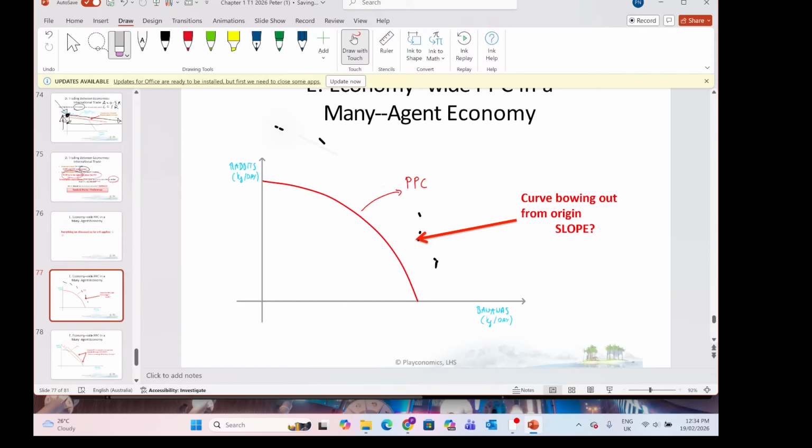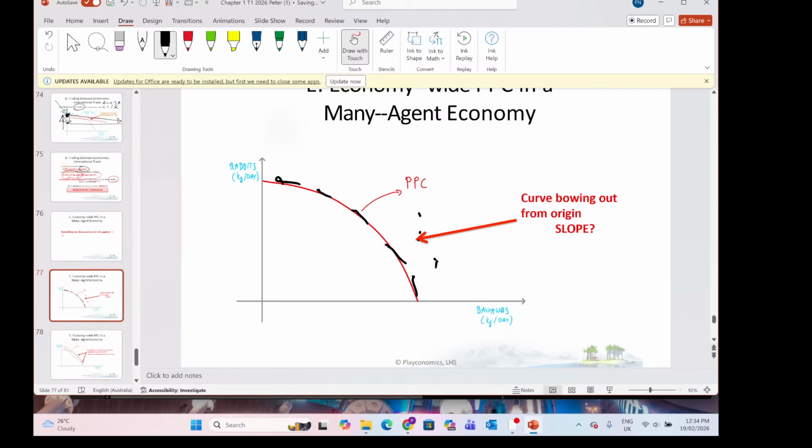So that's why we say that our curve ultimately becomes a curve, because within this curve we have to imagine many different people, right? Many different people who all have different trading or production possibilities and different levels of comparative advantage.